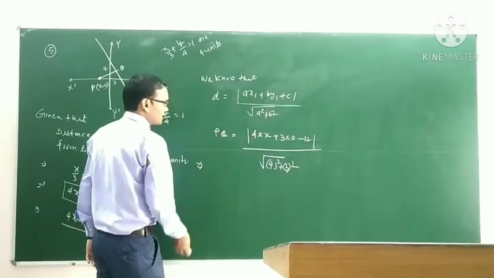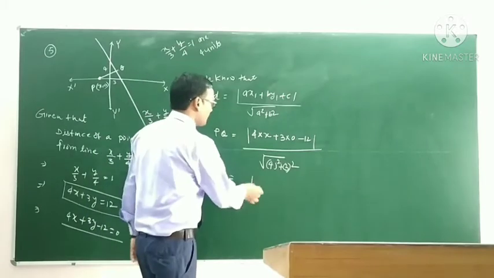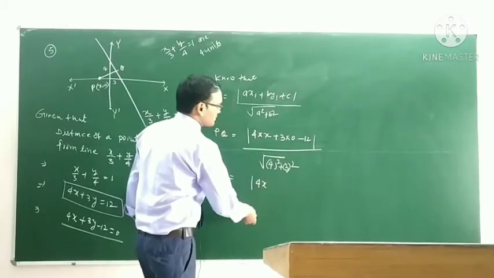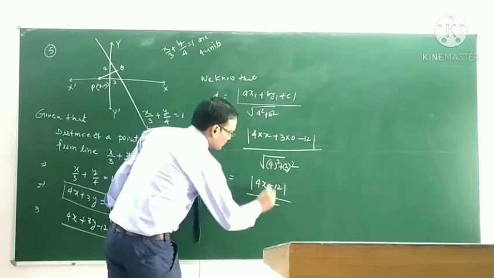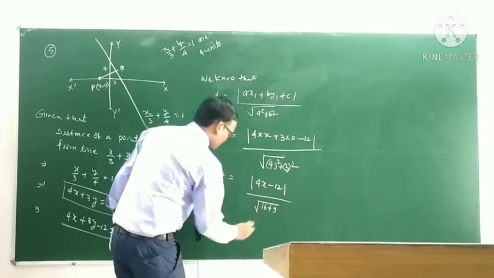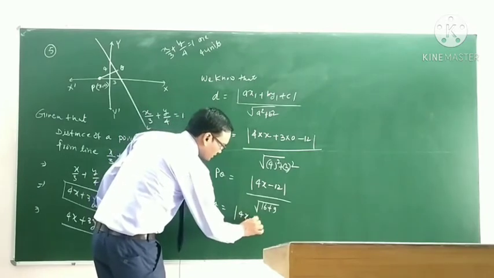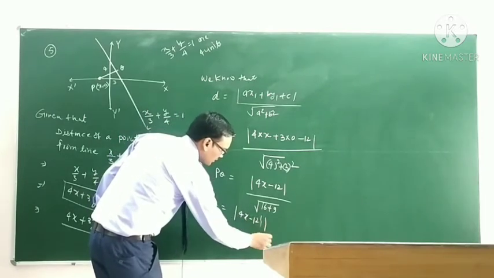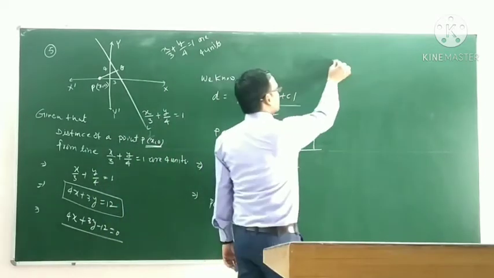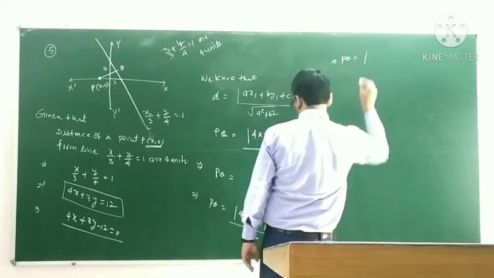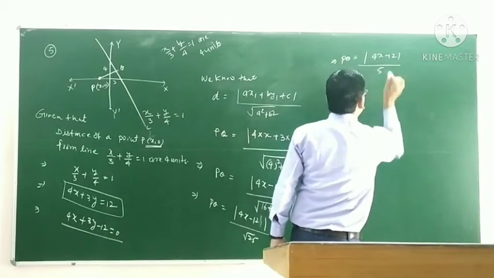Okay, students, this implies that PQ equal to mod of 4x minus 12 upon square root 16 plus 9. This implies that PQ equal to mod of 4x minus 12 upon square root 25. This implies that PQ equal to mod of 4x minus 12 upon 5.